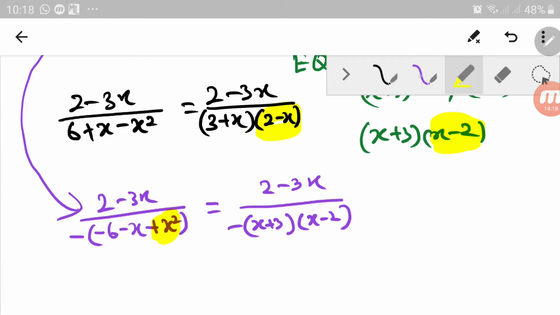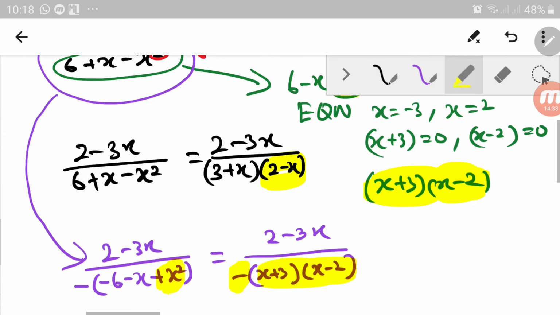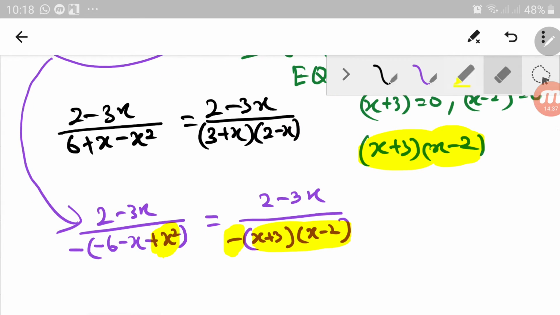You see, what you got from EQN is the same, but with the difference of a minus 1 outside of the bracket. I use the ancient way of factorizing. That's why I get this one. But these two are just the same thing, so please take note.